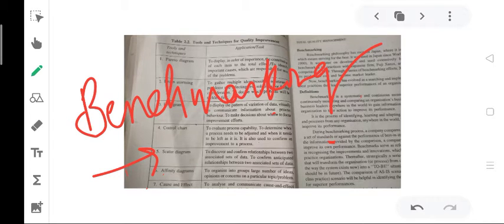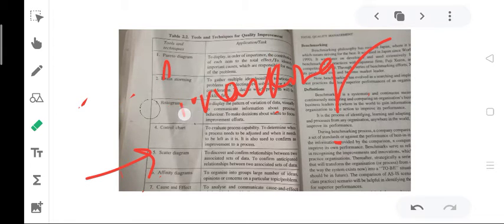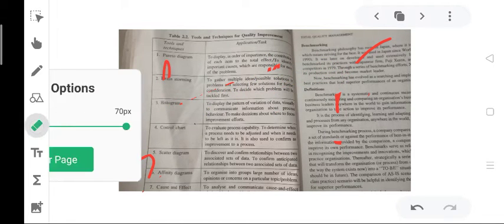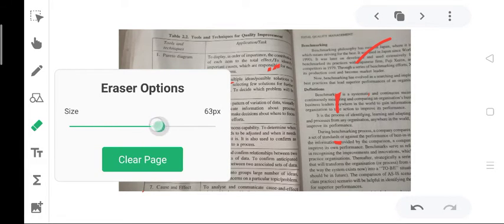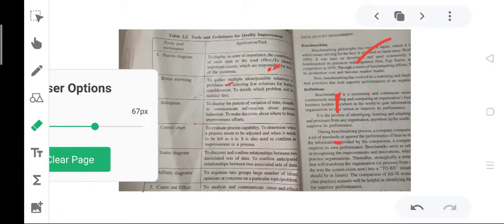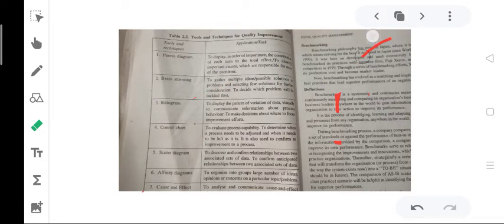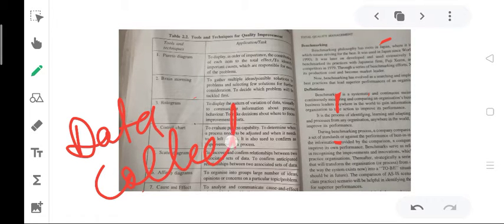And next, the 10th one is the data collection form.